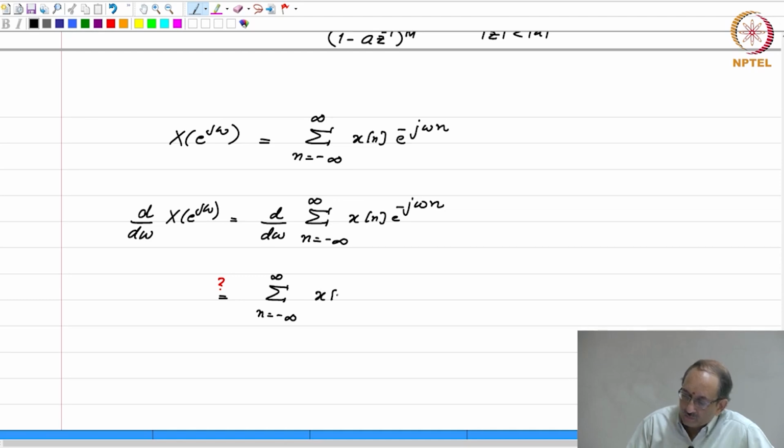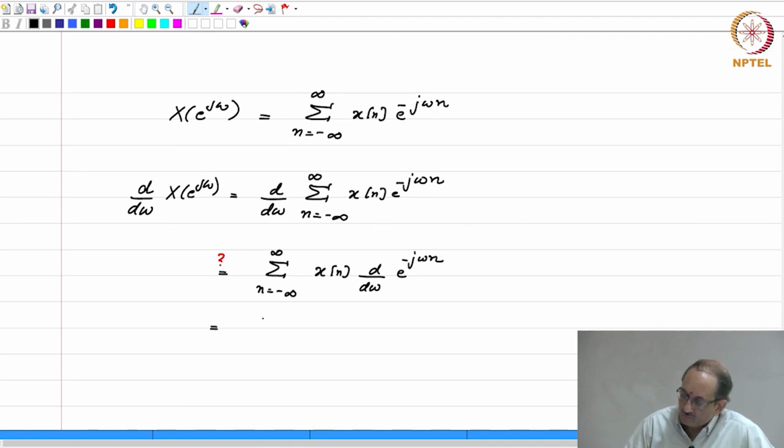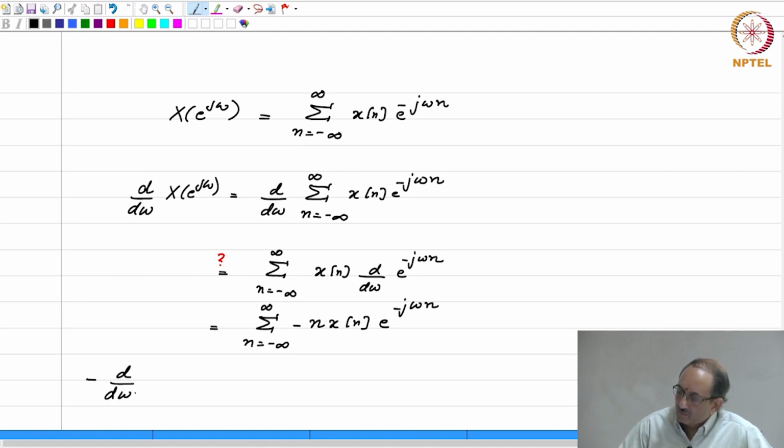Therefore, this is x of n times d by d omega of e to the minus j omega n, and this becomes minus j n x of n e to the minus j omega n.